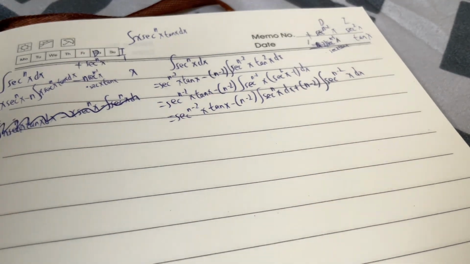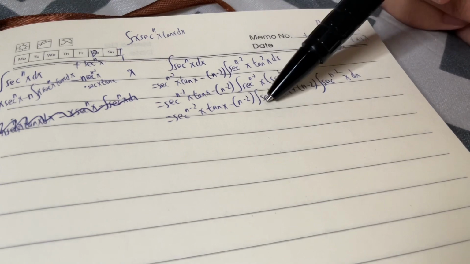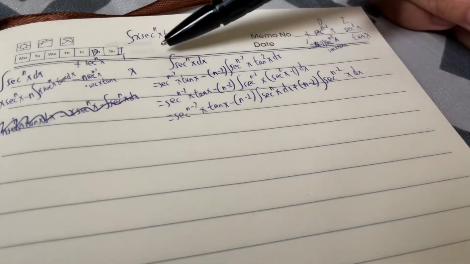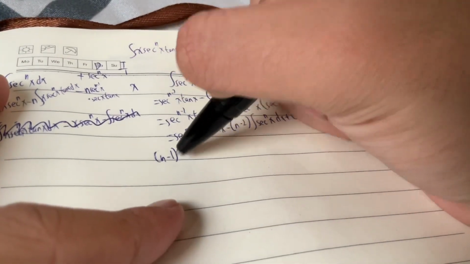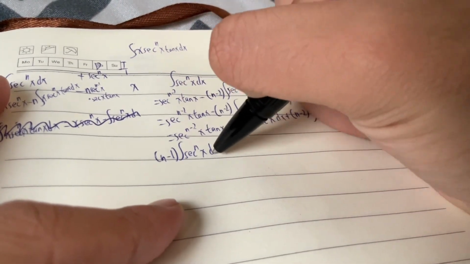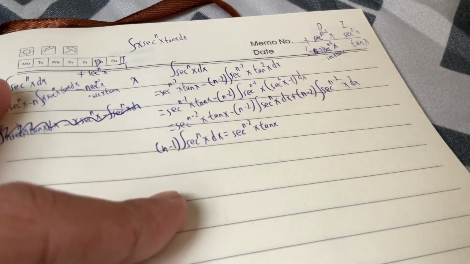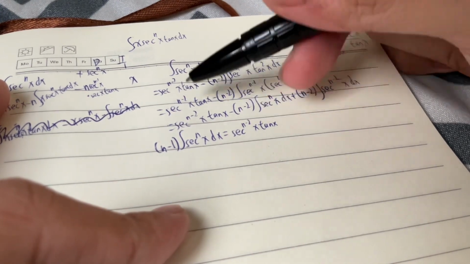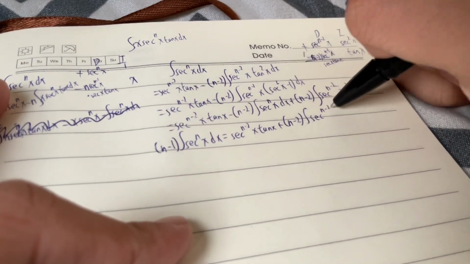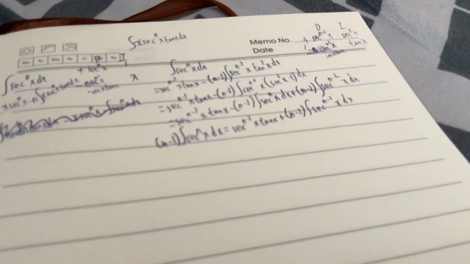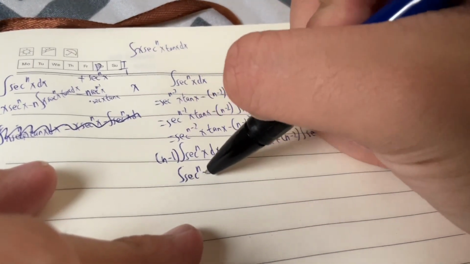And then here, you see this repeats, so you can add it: 1 plus n minus 2 becomes n minus 1 times the integral of secant power of nx dx, equal to secant power of n minus 2x tangent x, plus n minus 2 times the integral of secant power of n minus 2x dx, since we moved it to the left hand side. And finally, we divide by n minus 1 on both sides.